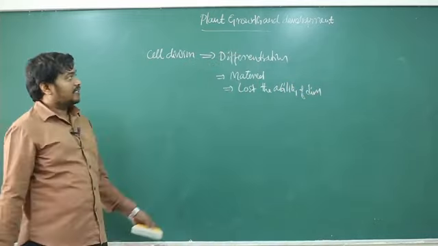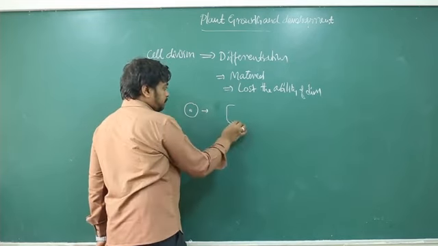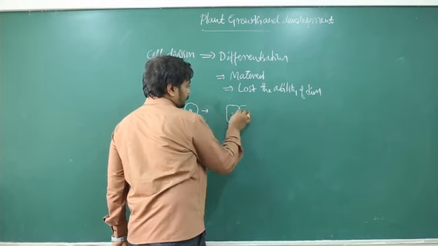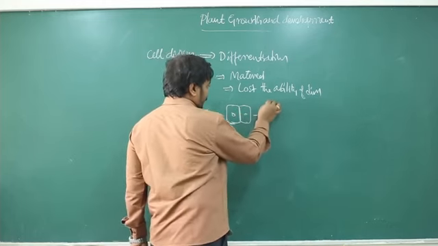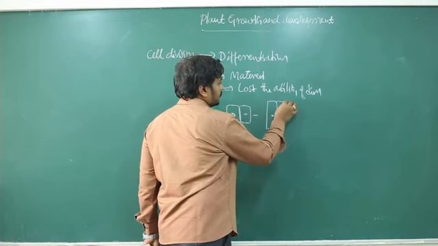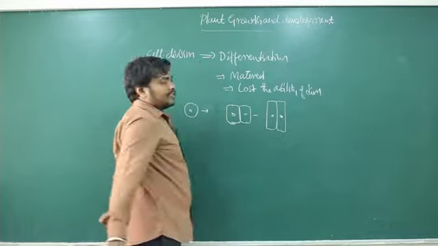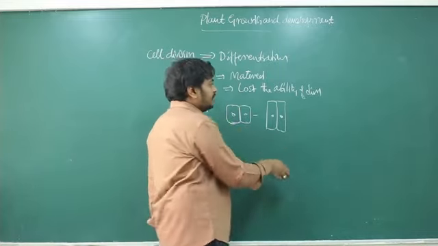So what happens in differentiation: one cell undergoes division, it forms 2 daughter cells. These daughter cells again undergo elongation, and suppose these cells are present at the center of a plant, then they become xylem.